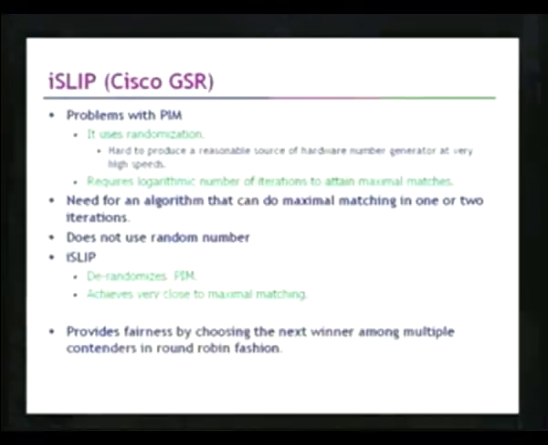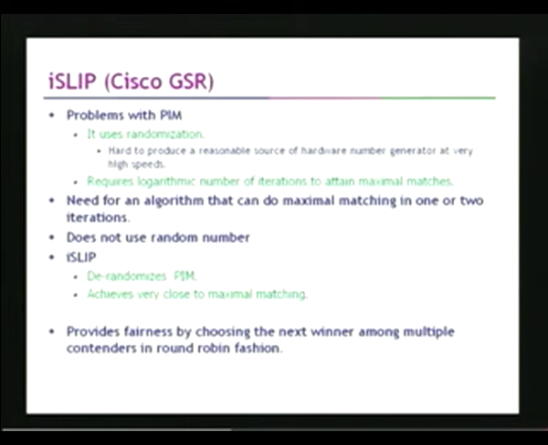The problem with this parallel iterative matching algorithm is that it uses randomization, both in the grant phase as well as in the accept phase, and it is hard to produce a reasonable hardware random number generator at the high speeds which it requires. Also, it requires a logarithmic number of iterations to attain the maximal match.